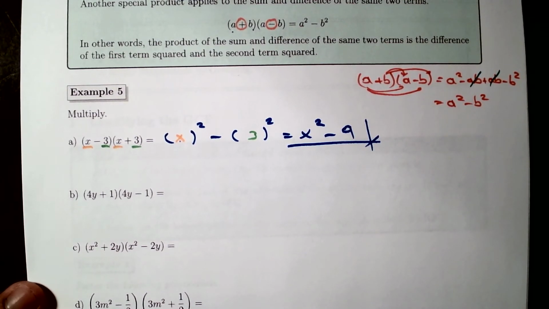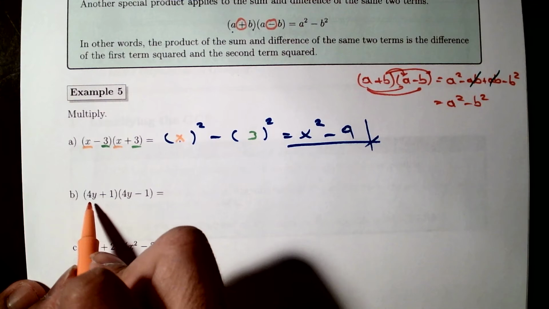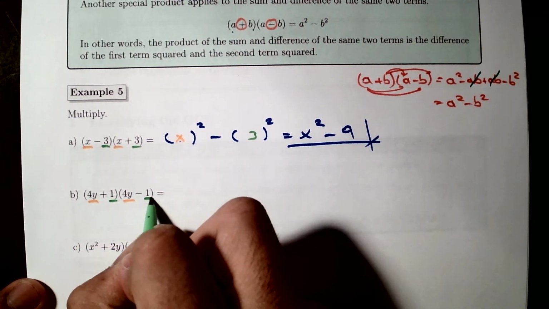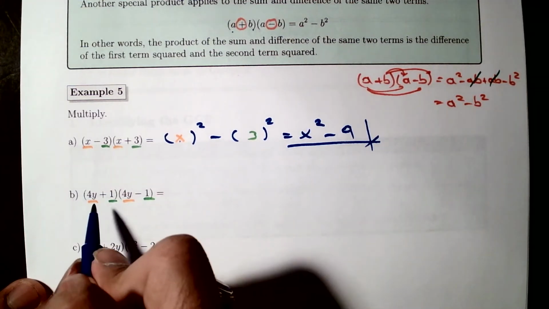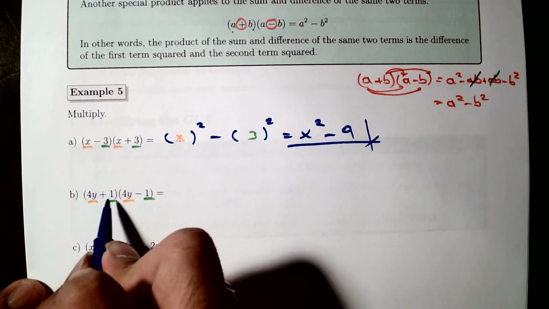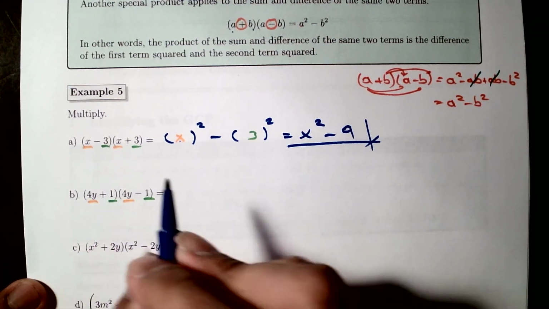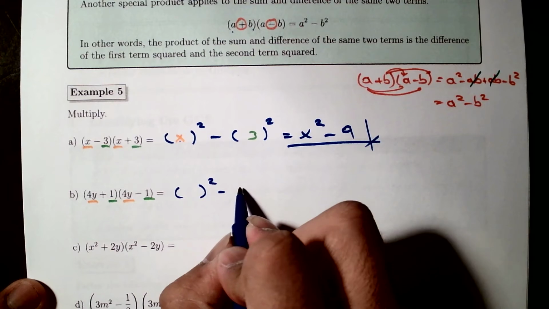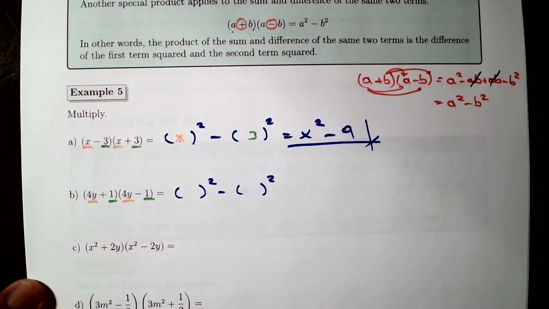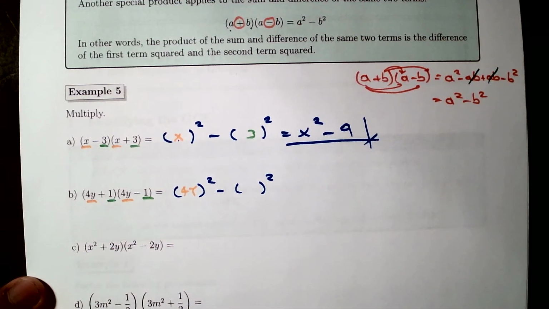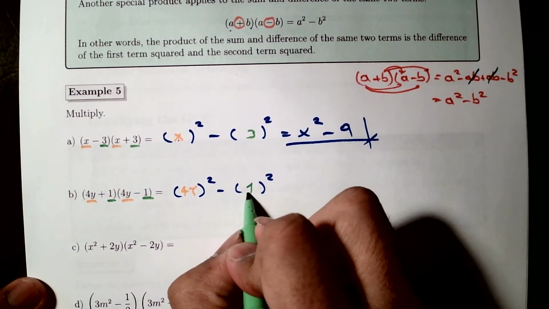Let's do the same over here. 4y will be orange, 1 will be green, and then we have the product of conjugate binomials, because notice we have the same quantities, but in this case different signs in between each of them. Quantity squared minus quantity squared. 4y and 1.